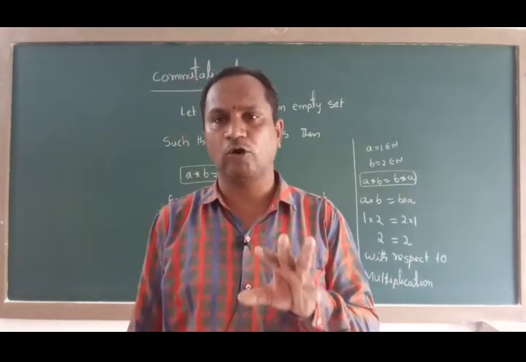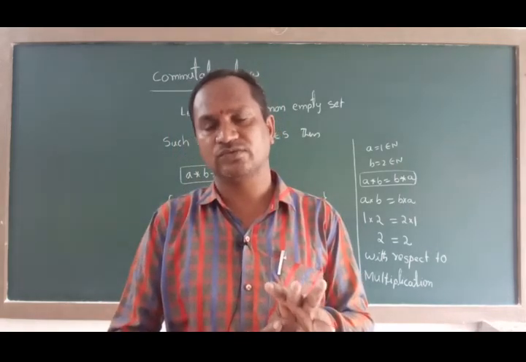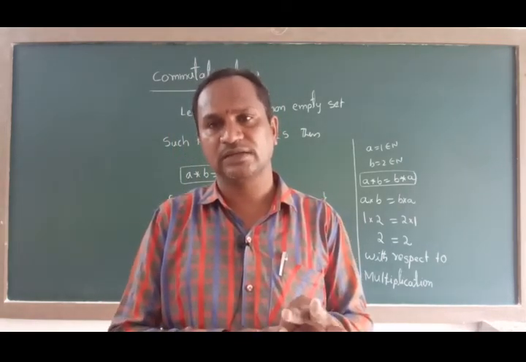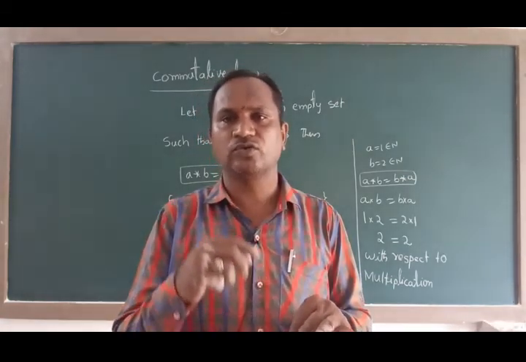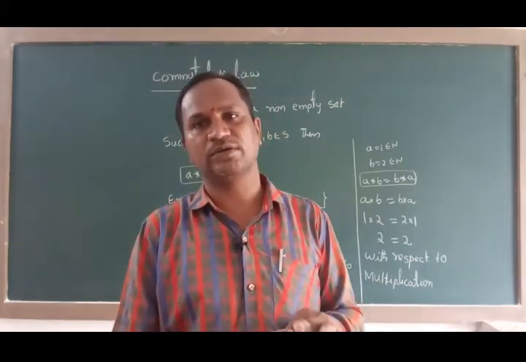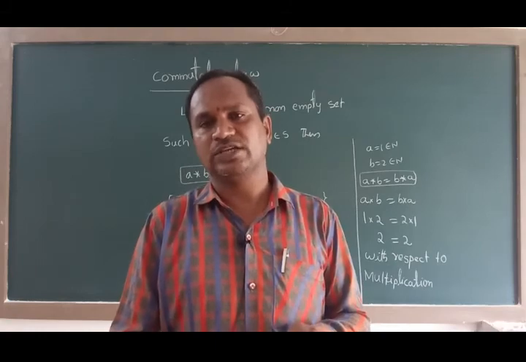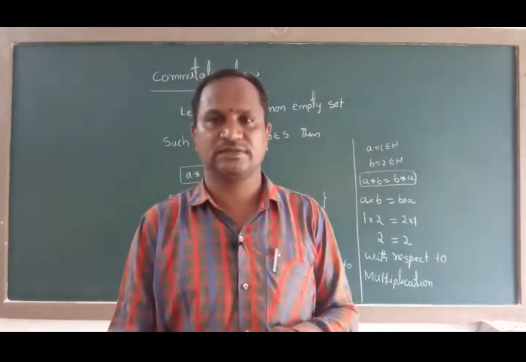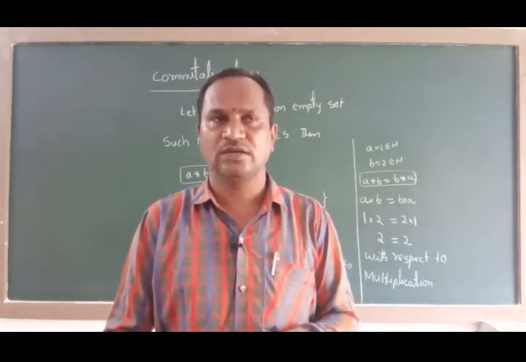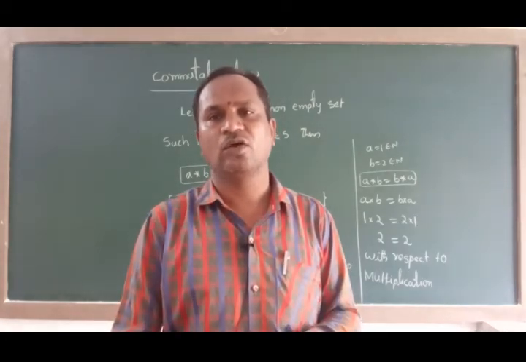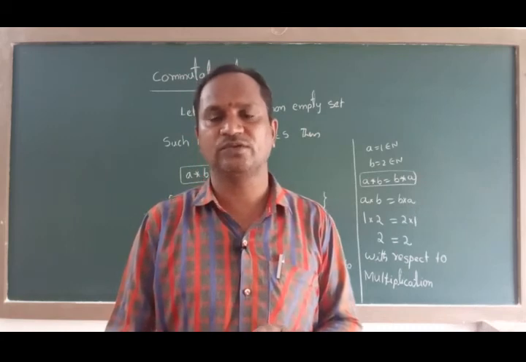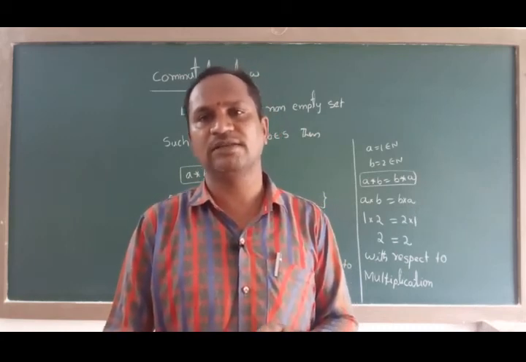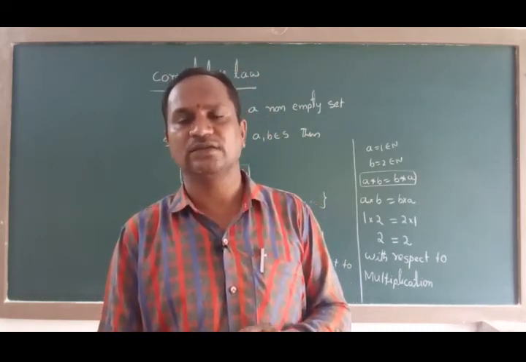But in your syllabus, the problems are on associative, how to find the identity element, how to find the inverse element, and how to check commutative. There is no closure. In your exercise 1.4, all the problems belong to associative, commutative, how to find an identity element and how to find an inverse element.